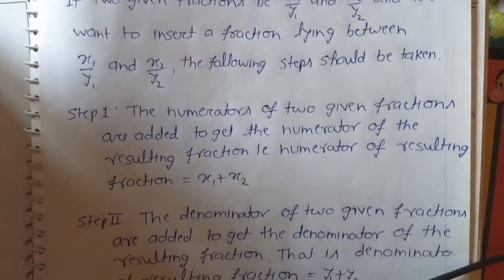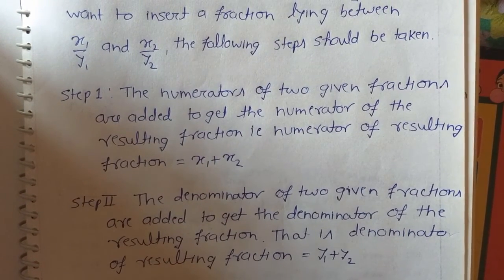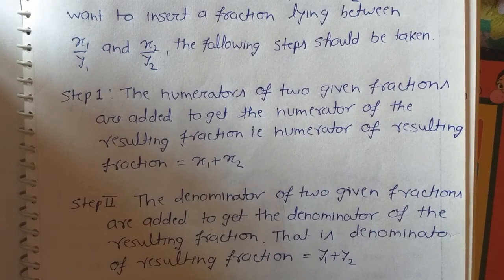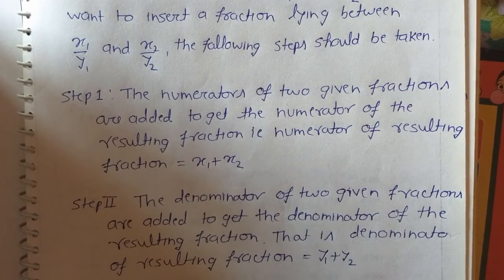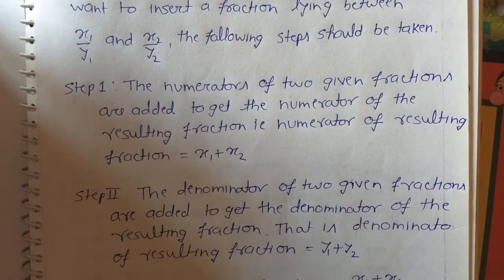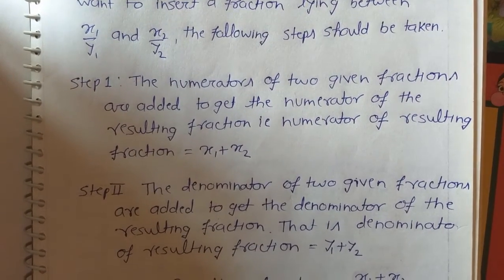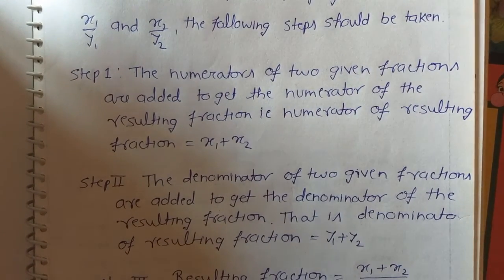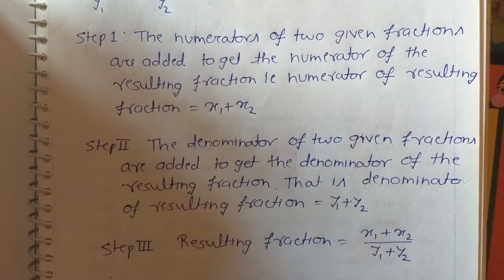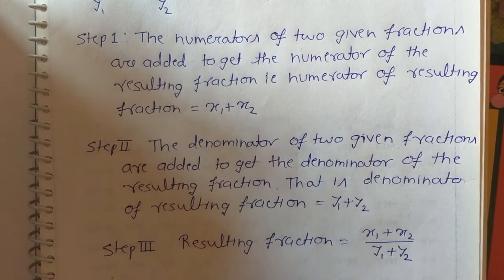Step 1: the numerators of the two given fractions are added to get the numerator of the resulting fraction, x1 plus x2. Step 2: the denominators are added to get the denominator of the resulting fraction, y1 plus y2. Step 3: the resulting fraction will be equal to x1 plus x2 divided by y1 plus y2.